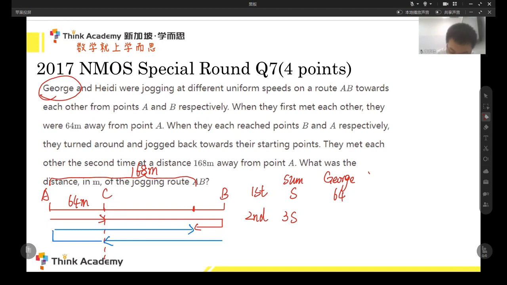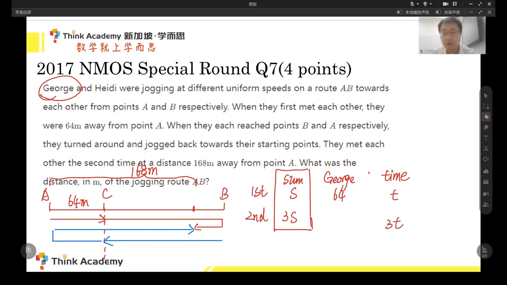Let's compare this. The sum of distance the first time is 1S, the second time is 3S. The sum of speed remains unchanged, which means the ratio of time is equal to the ratio of distance. So the distance is 3 times as before, which means the time of meeting is also 3 times as before in total.